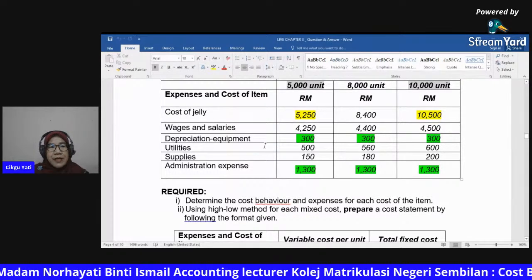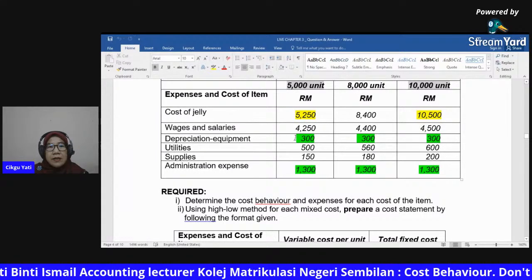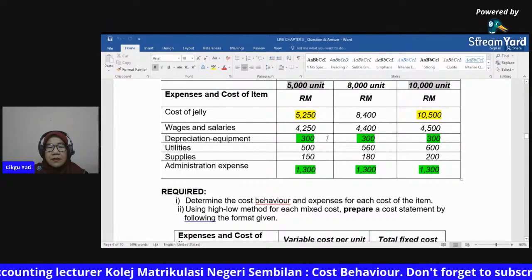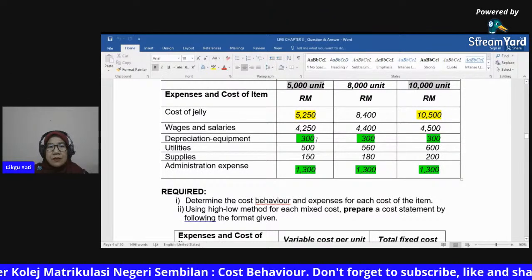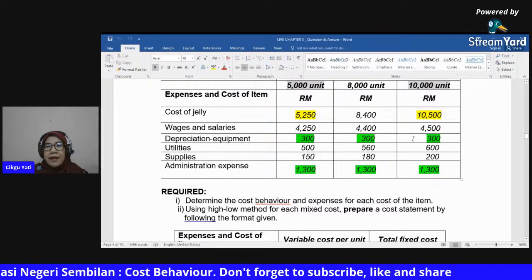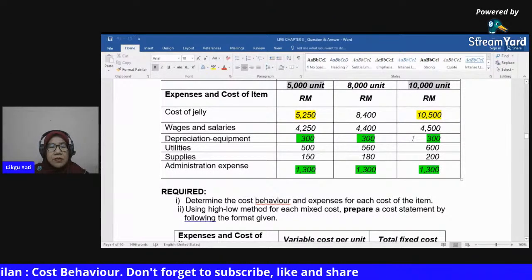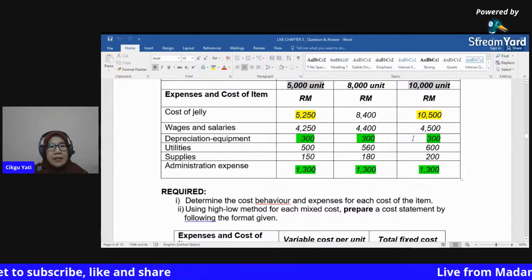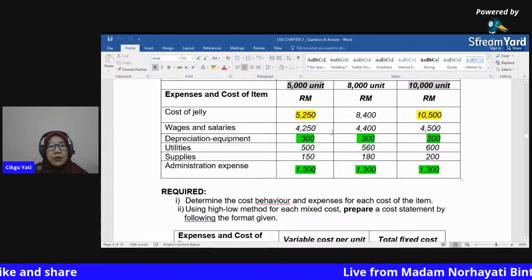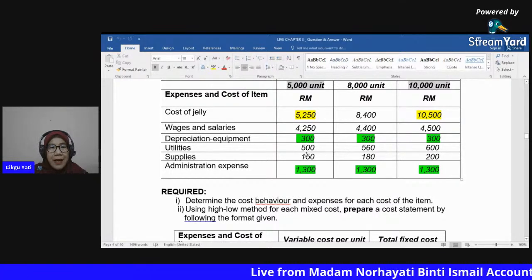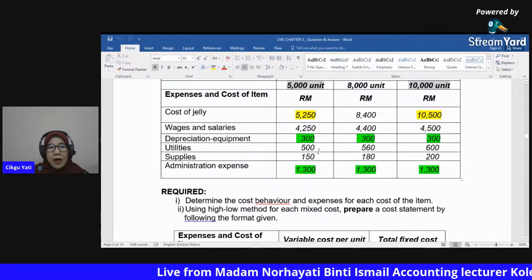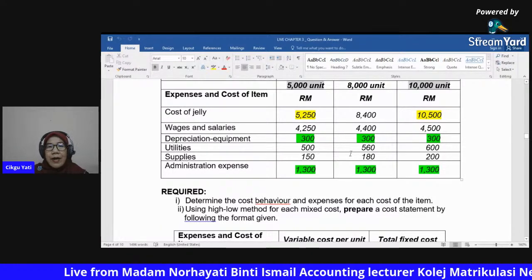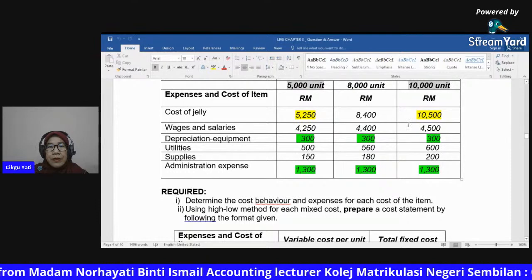For depreciation, the cost remains constant. You can see 5,000, 8,000 and 10,000, that one remains constant. It means depreciation is categorized as fixed cost. Utilities and supplies, you can see the cost increases when the level of output increases.